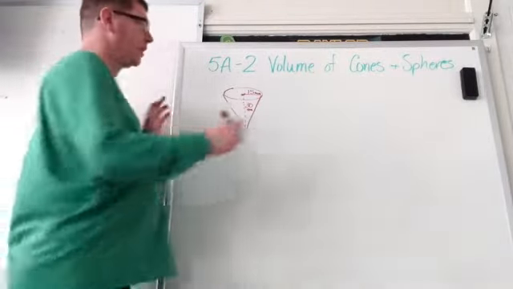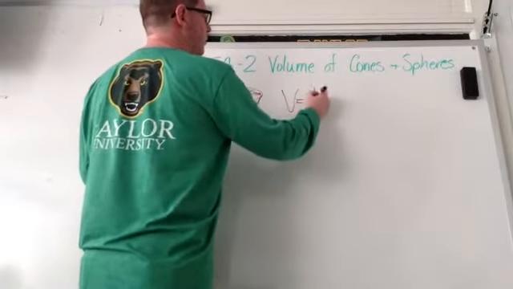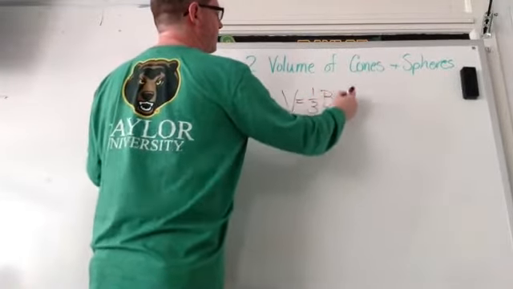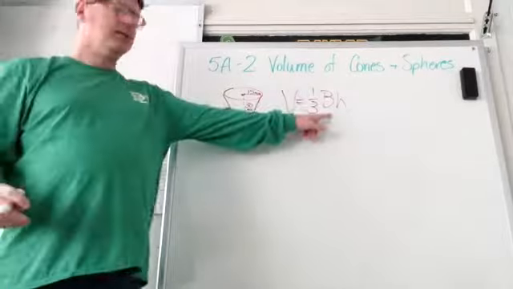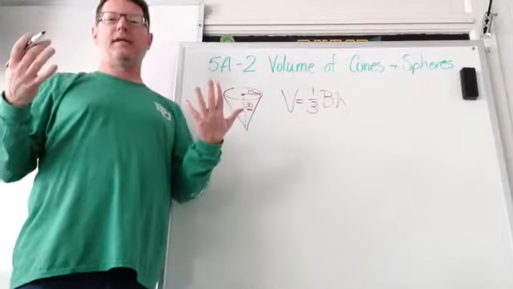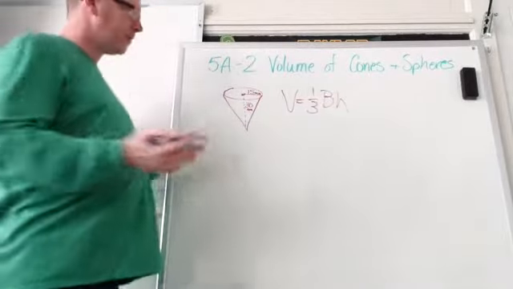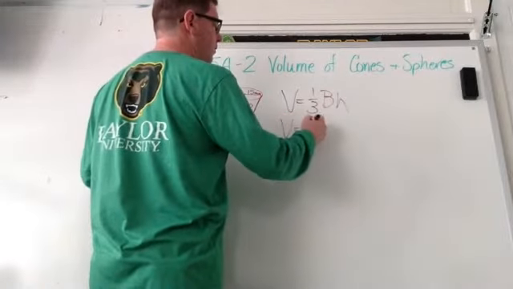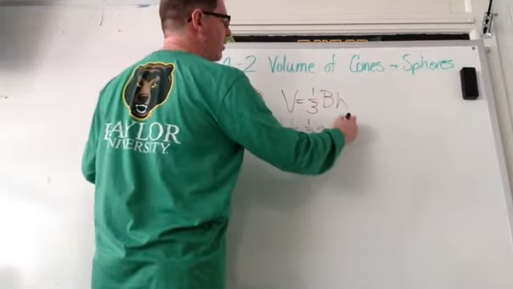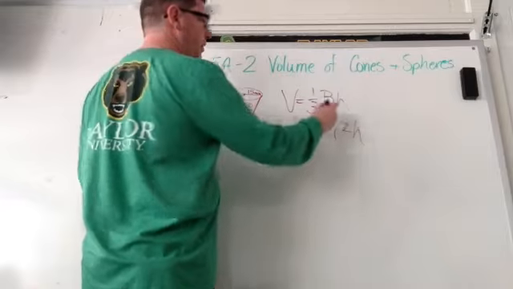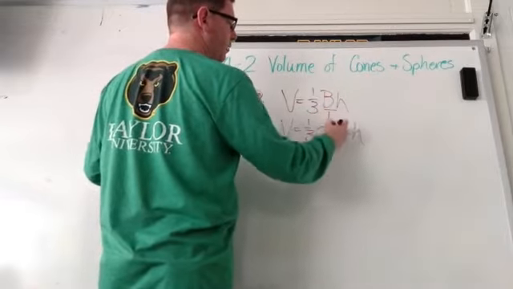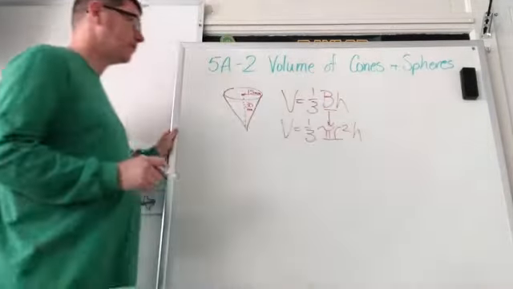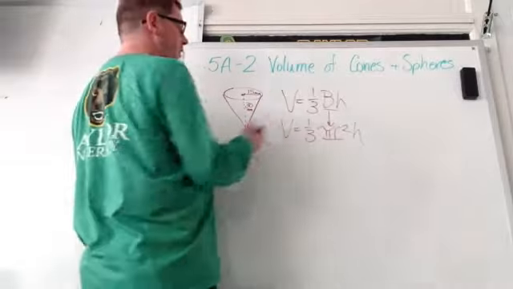Volume of this cone. So V equals 1/3 capital B H. What is capital B? The area of the base. And what shape is the base? A circle. So V equals 1/3 pi r squared h, because B equals that pi r squared right there. Now I'm going to plug in my numbers. What is r?